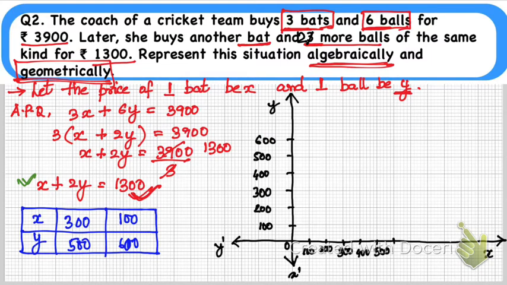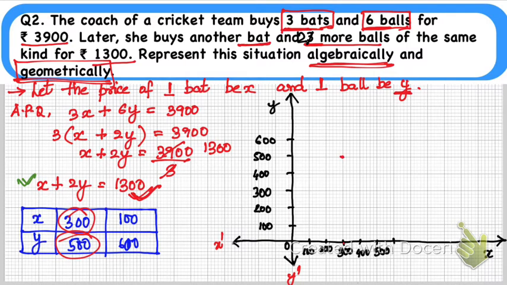So the first point is 300, 500, meaning x is 300 and y is 500. So x is 300 somewhere here, okay. This is x dash and this is y dash. x is 300 somewhere here and y 500, meaning here.